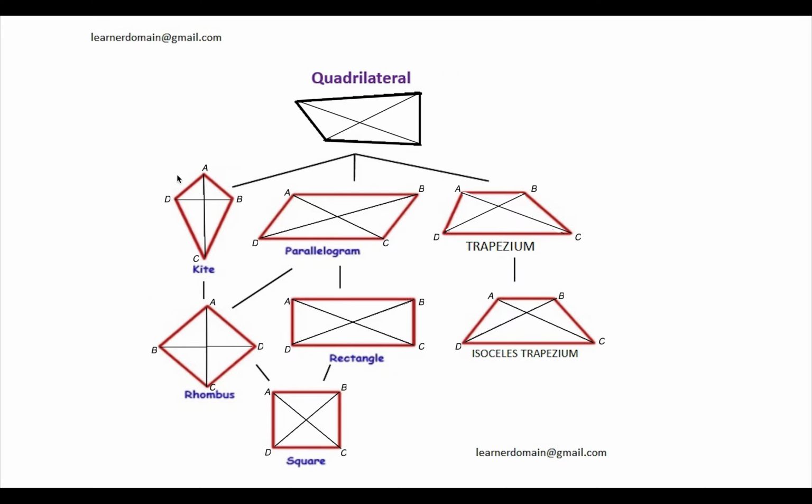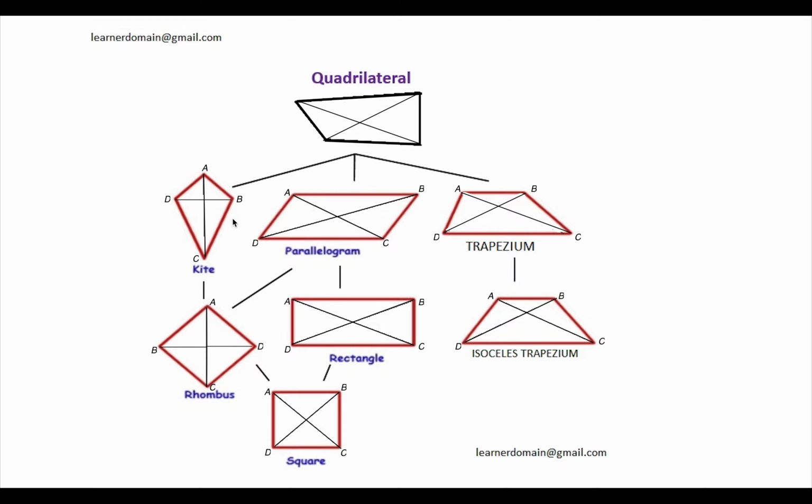Now the properties: if you draw the two diagonals, the diagonals are perpendicular to each other. Only one diagonal bisects the other. So AC is bisecting DB, but DB is not bisecting AC, as you can see from the figure. And the angle at D is equal to the angle at B.